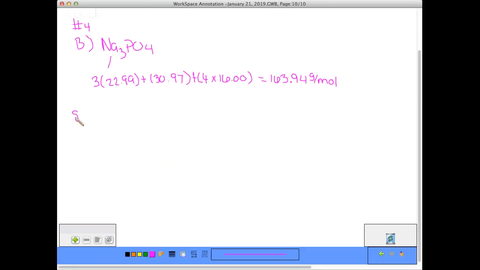Now, if I have 8.5 grams of Na3PO4, I can figure out the number of moles. I know that 163.94 grams of Na3PO4, sodium phosphate, is 1 mole of sodium phosphate.